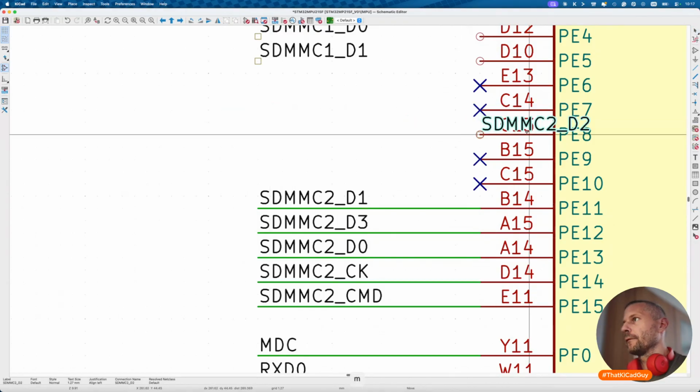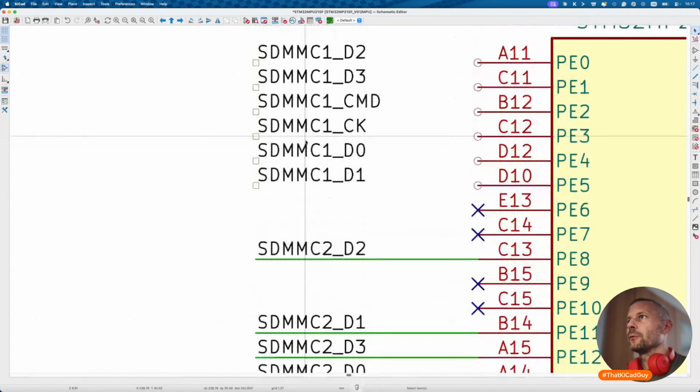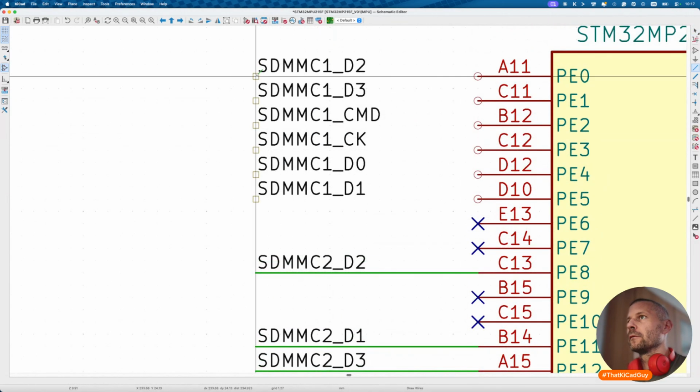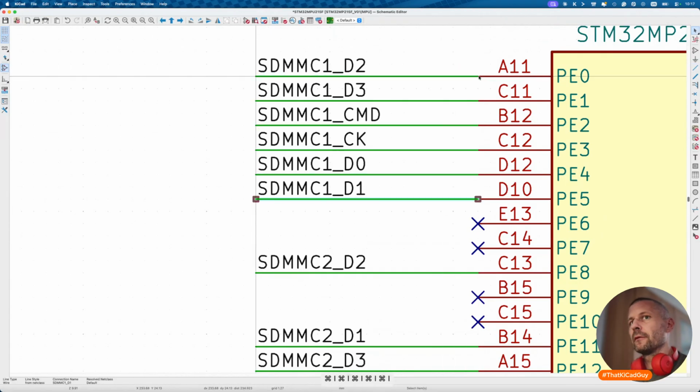Yeah, I don't need to mirror the label because it doesn't help.